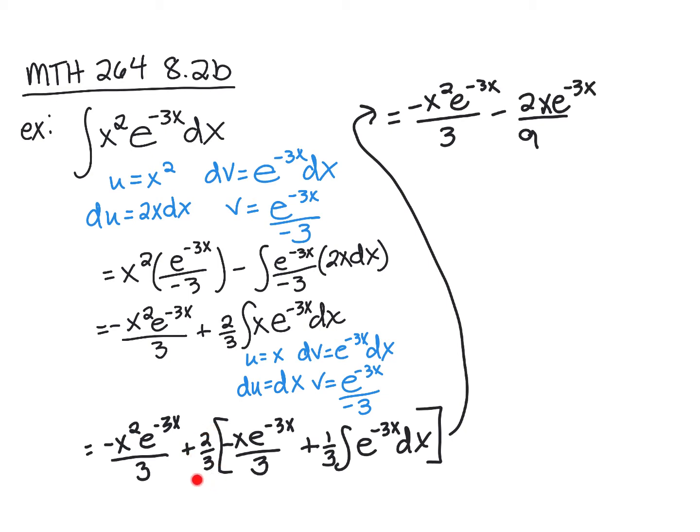And then we have the 2/3 times the plus 1/3, which is going to give me plus 2/9. Integrate e to the minus 3x, we get the same thing we got here and here, e to the minus 3x over another minus 3. So you're going to copy this, you're going to copy that, and then this is going to be negative 2 over 27 e to the power.